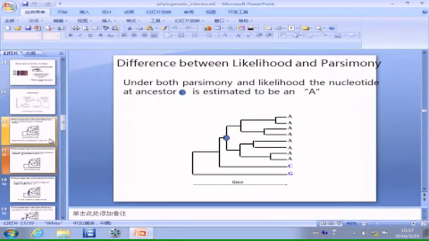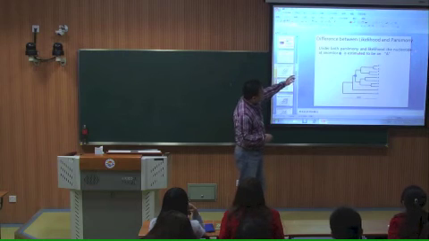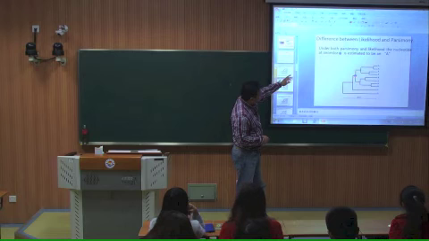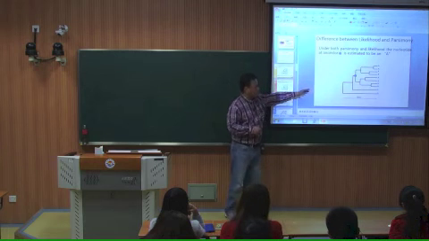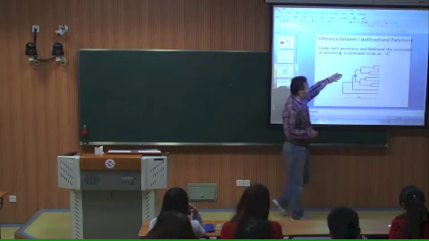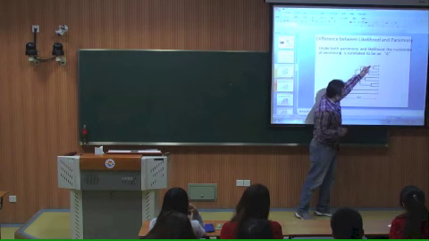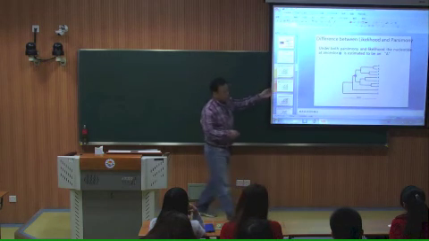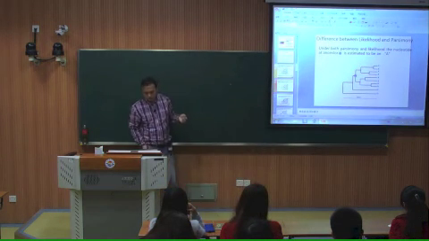If we use parsimony or likelihood, the nucleotide at ancestor 2 should be A, right? If we use parsimony, because all these are A, so here should be an A. If we use likelihood, it should also be an A.